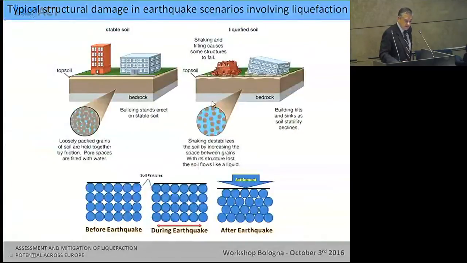Because this alone happens, but this can also happen. I mean, the shaking and tilting causes some structures to fail. And then you can stay with this alone, final period, or you can have the post-liquefaction. So we have to look at least at the two phenomena.